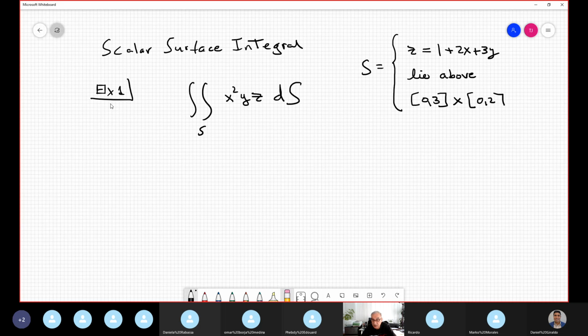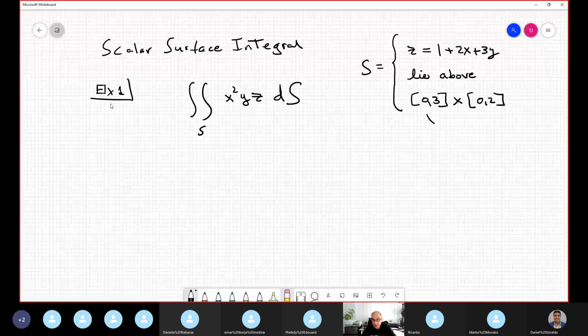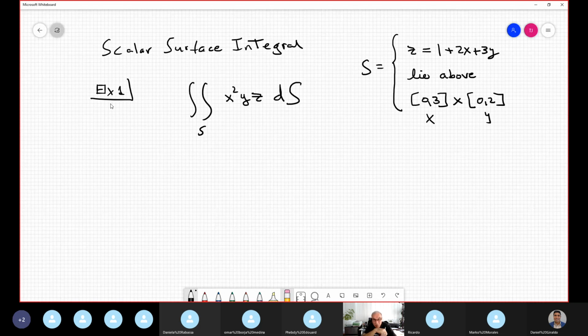So basically it is a rectangle, no? This is x and this is y. Okay, entonces my question is, as always, what kind of surface is it? Because I want to have some idea how it looks.